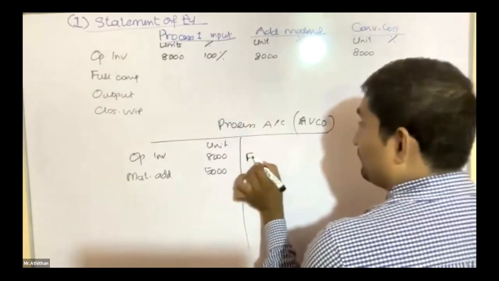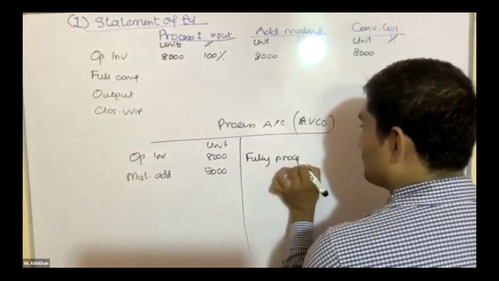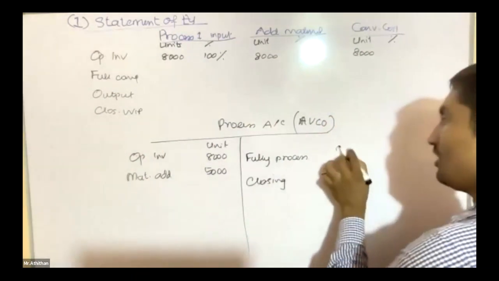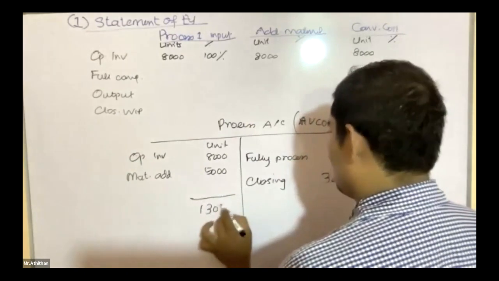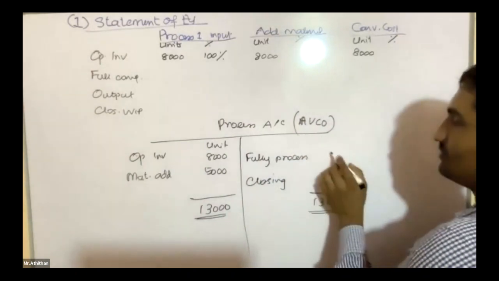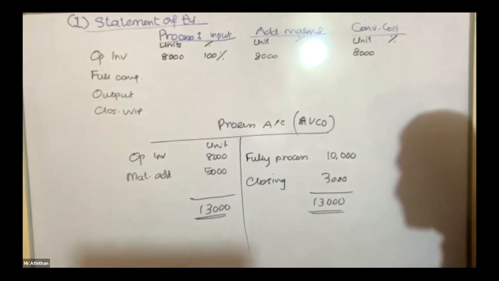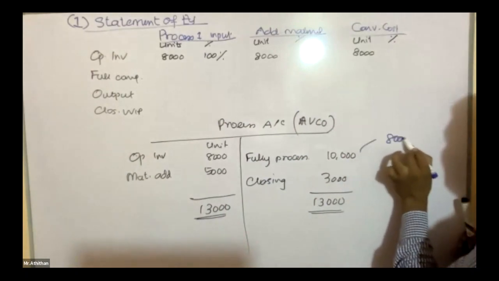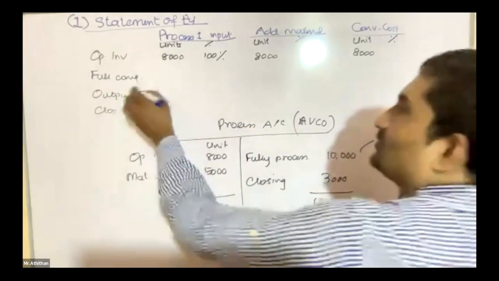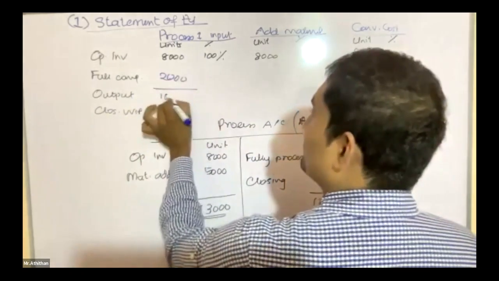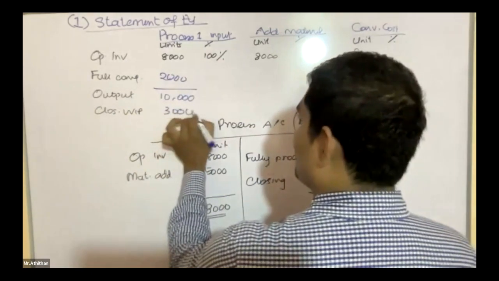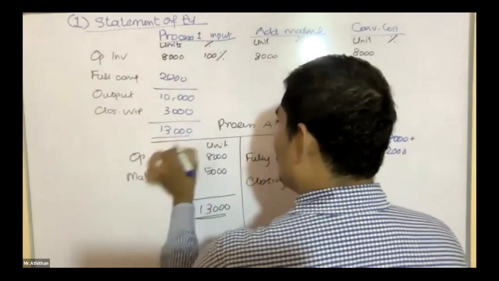Then fully processed, closing is 3,000. So how much is the fully processed? 10,000, right? This 10,000 includes 8,000 plus 2,000. 8,000 plus 2,000 is 10,000. 10,000 is the output. Closing WIP is 3,000. So total is 13,000.